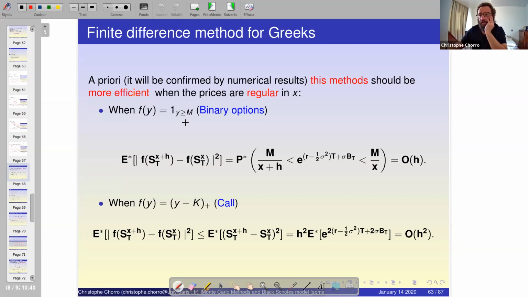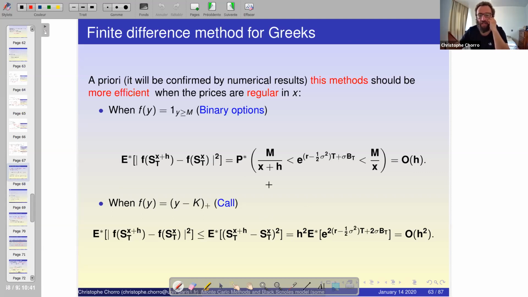I do this for what I have studied previously, my digital option, my binary option, and for a call option, and I see that if I control the quadratic difference between the payoff at X and the payoff at X plus H, I can control it this way, with the computation for this case that I have done previously, and here a very basic one using the Cauchy-Schwarz inequality, or the convex inequality, Jensen's inequality.